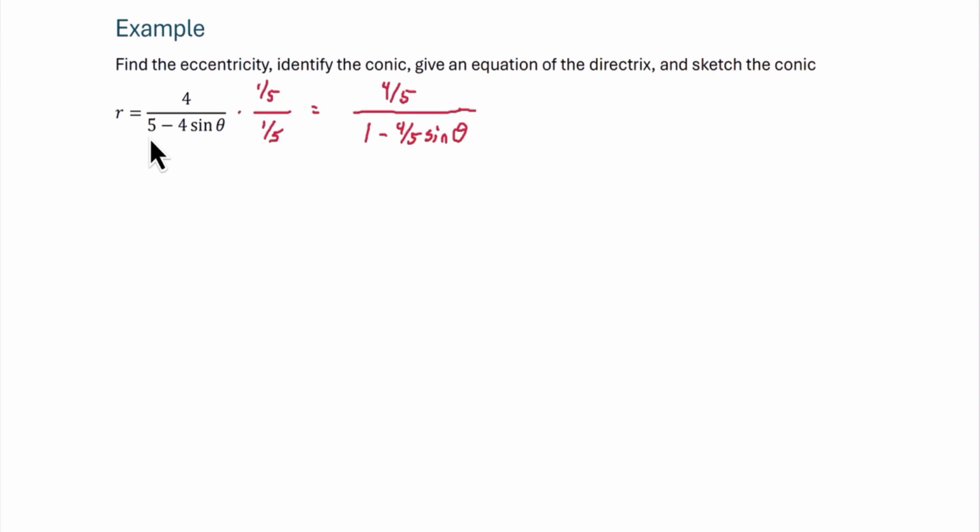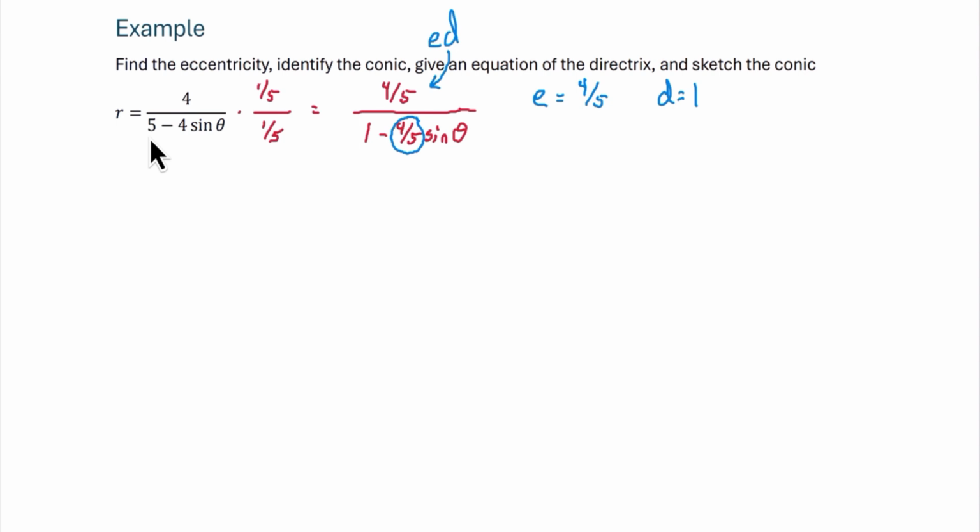At this point, we can see that this number in front of sine is 4/5. That's e, the eccentricity. And since e is 4/5 and the number up top is ed, we know right away that d must be 1.